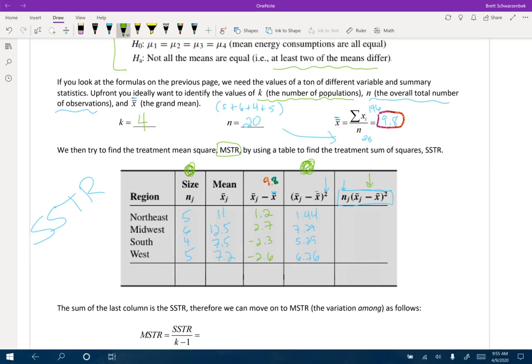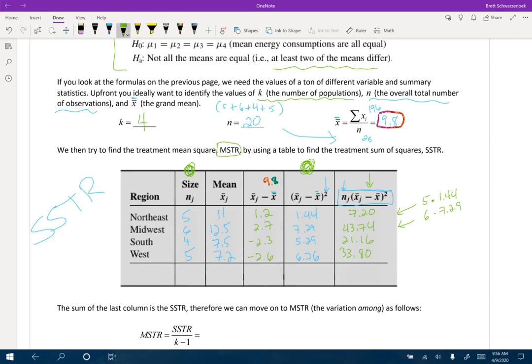So the first one is 5 times 1.44, which gives you 7.20. The last one I'll do is 6 times 7.29, which is 43.74. If you continue the same process, you're going to get 21.16 and 33.80.